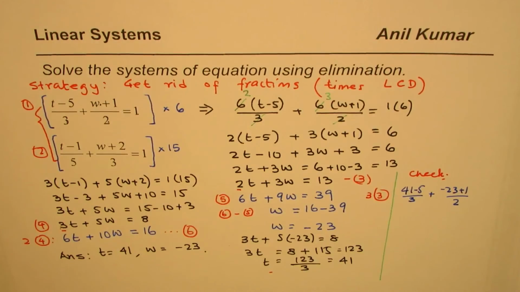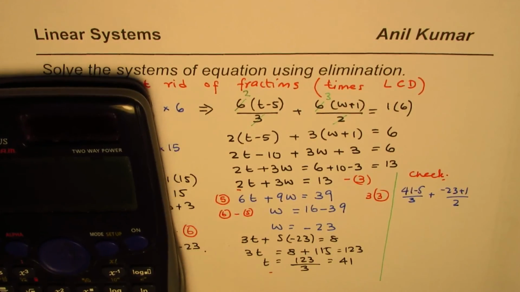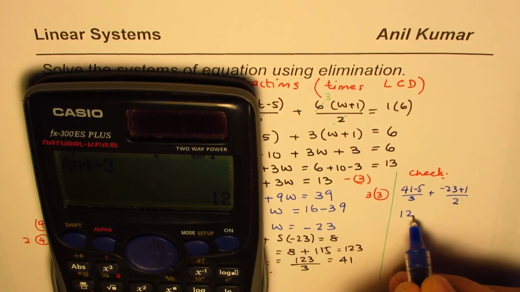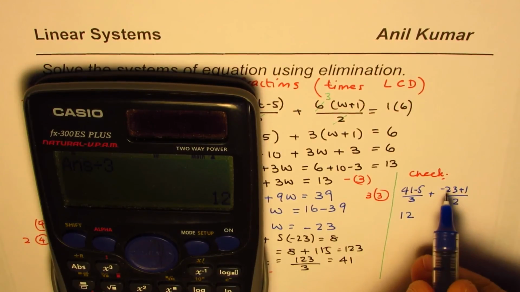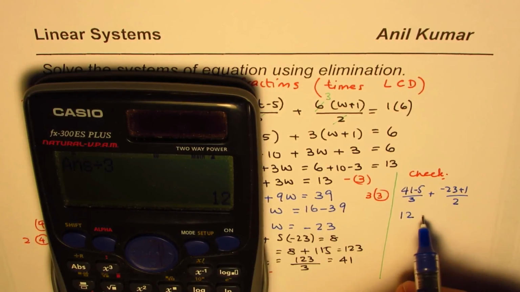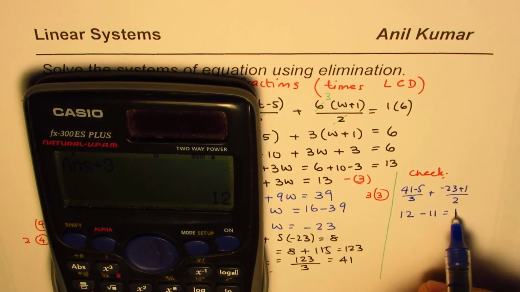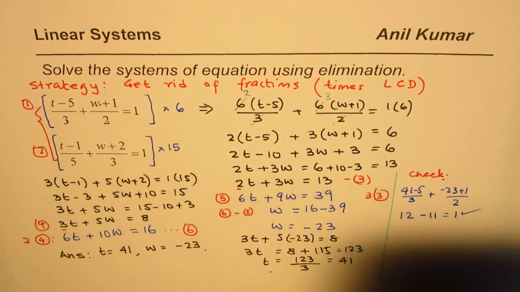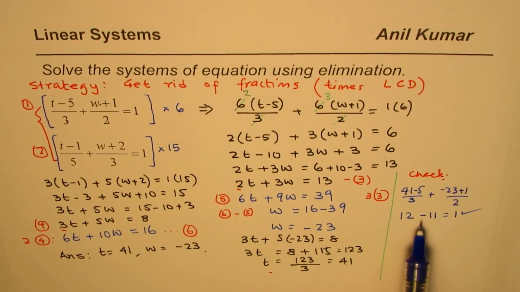Let's use a calculator. 41 minus 5 is 36. Divided by 3 is 12. So we get 12 here. And here we have minus 23 plus 1, that means minus 11 here, right? So 12 minus 11 is indeed 1. So the solution is correct, right? Equals 1. Similarly, you can substitute and check your answer with the other equation.